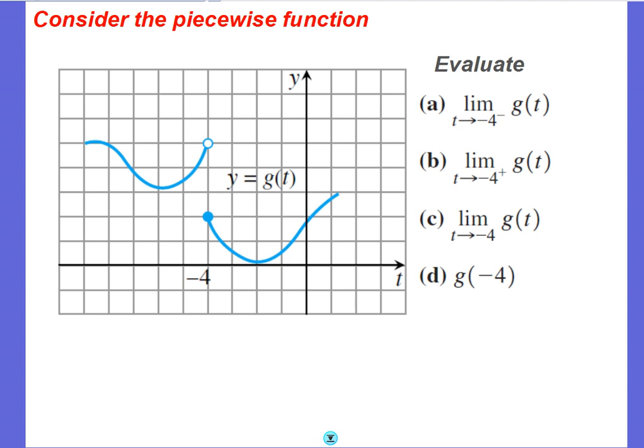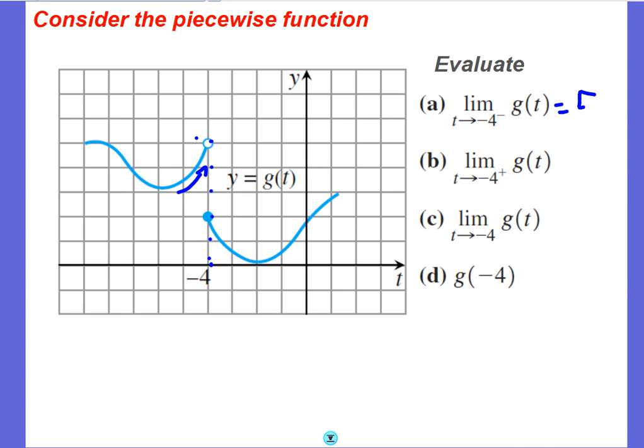Okay, practice exercise. From this piecewise function, we can evaluate the limit as t approaches -4 from the left side. This is -4. From the left side, it will approach 1, 2, 3, 4, 5.